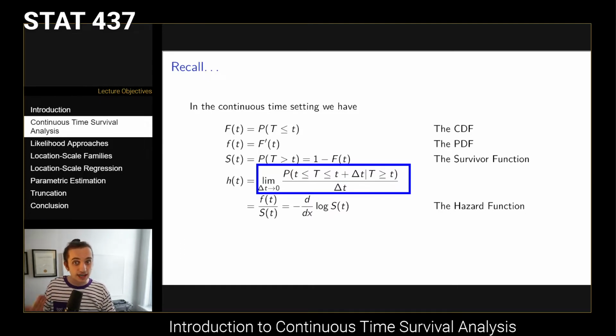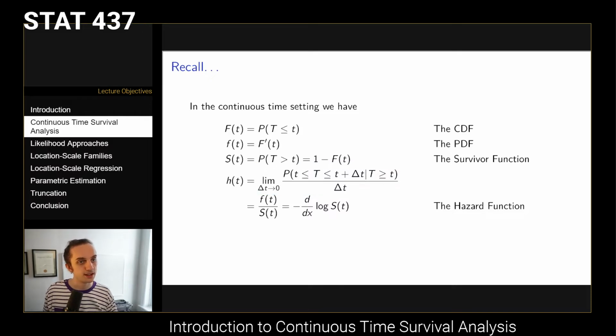It's a similar idea, but it's like how a density is not a one-to-one mapping with the PMF. In the continuous time case, these all uniquely define the distributions, and so any one of these is good enough to characterize what's happening with our random variable t.